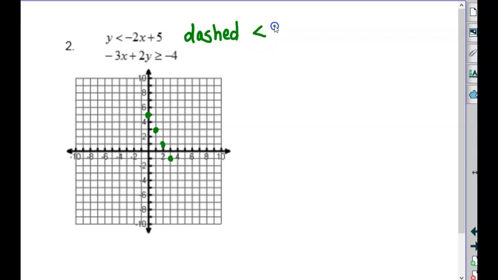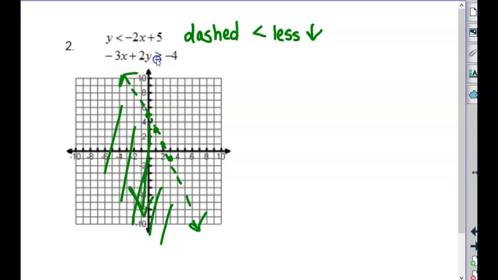And this is a less than, so we're going to shade below that line. This is the kind of line where sometimes students say, I don't know what you mean by below. It says y is less than. So if I look at the y-axis, where it's going down below that, it's on this side. Everything below the line, as in on the left, kind of, because it's where the y-axis points down.